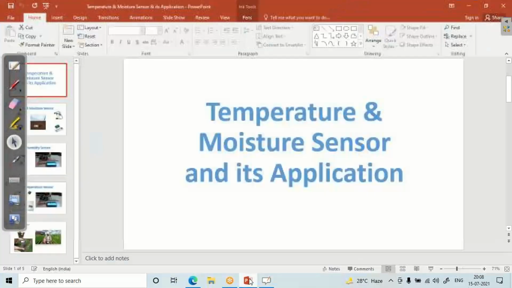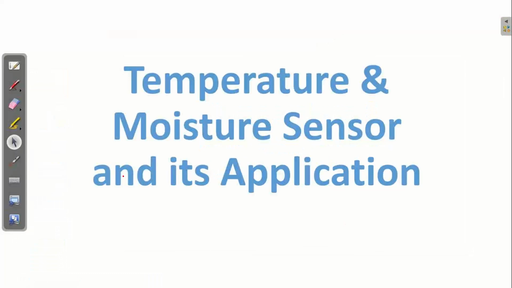Today we are going to discuss two different kinds of sensors and their related applications. One of them is called a temperature sensor and the other is called a moisture sensor.